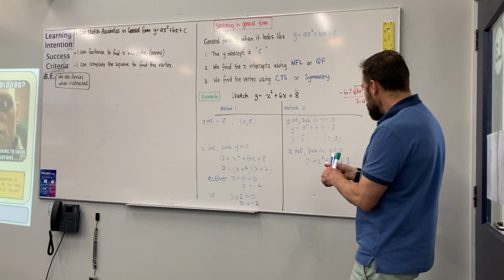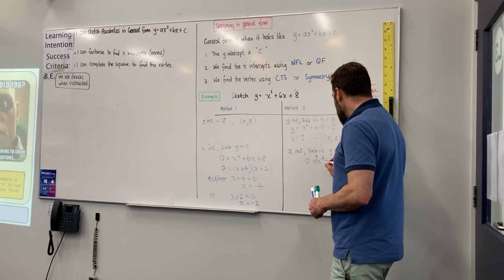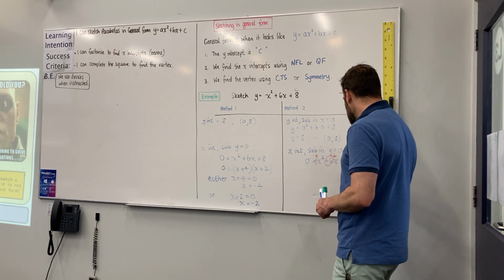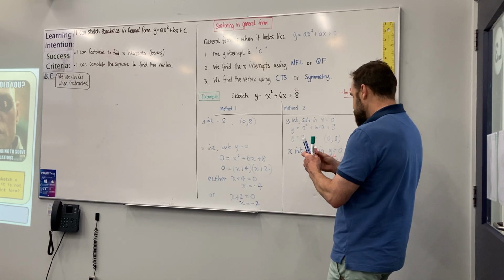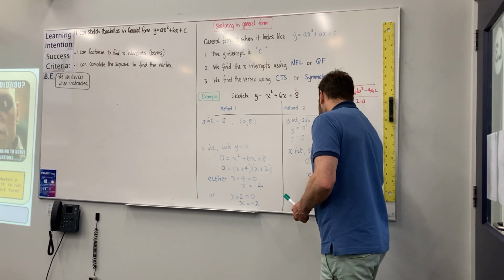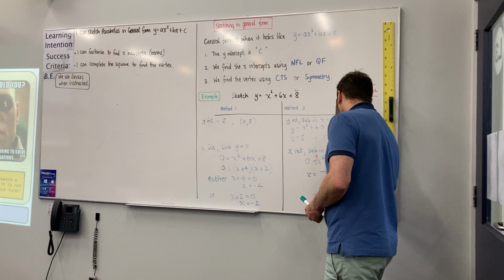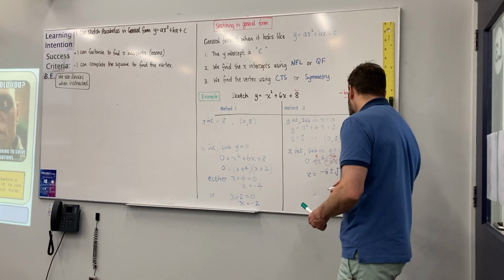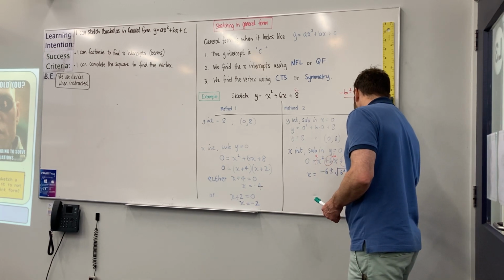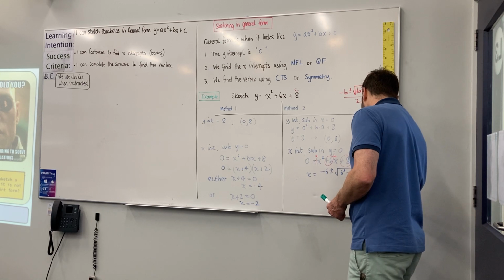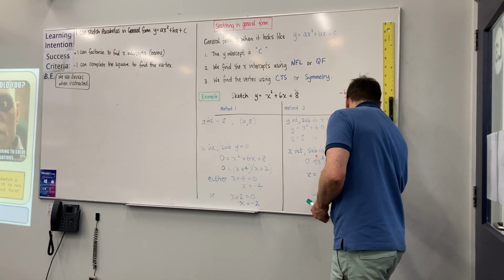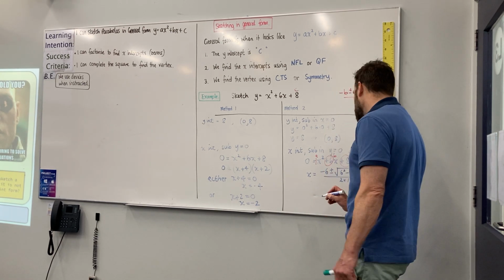Okay, so what is my a? My a is 1, my b is 6, and my c is 8. So it is x equals negative 6 plus or minus the square root of 6 squared minus 4 times 1 times 8, all divided by 2 times 1.